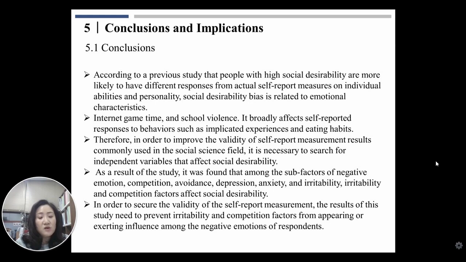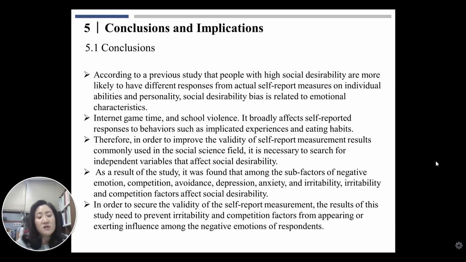According to this necessity, in this study, negative emotion and social desirability were measured for 1,000 college students, and what kind of negative emotion had an effect on the social desirability of college students was analyzed. For this purpose, the study was conducted on all second-year students enrolled in E University in Gyeonggi-do.